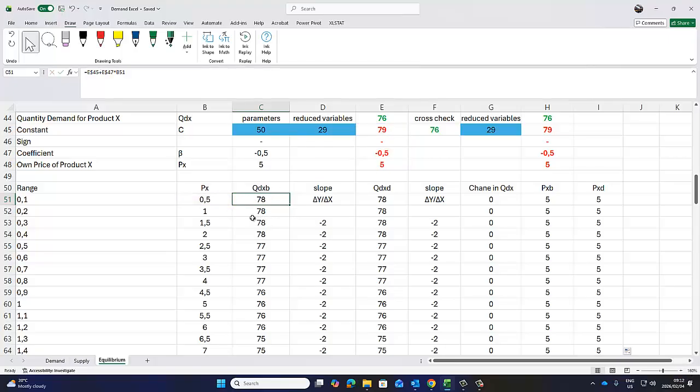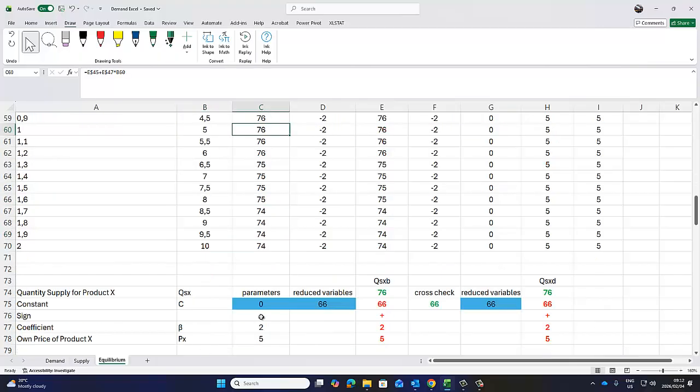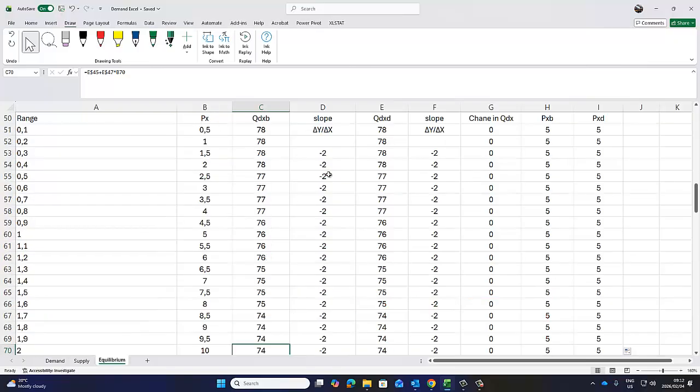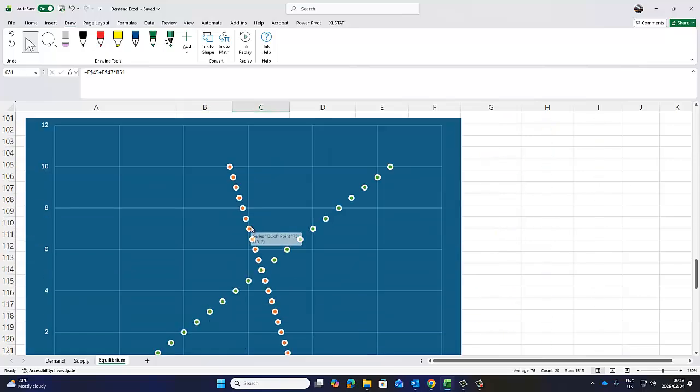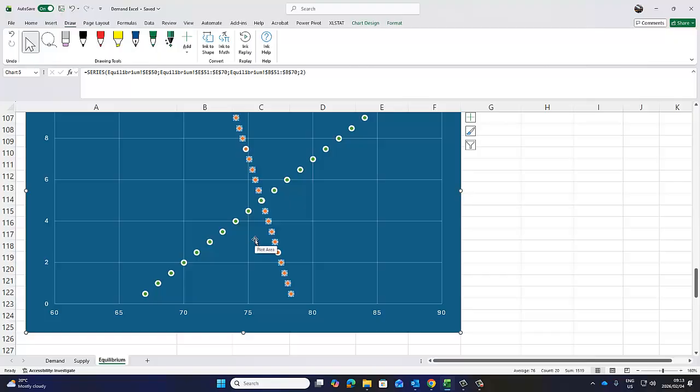So if the price is half a rand, then the quantity demand would be 78. When the price is 5, the quantity demand will be 76. If the price is 10, the quantity demand will be 74. So you can see the inverse relationship between price and demand. And that gives me my demand curve.